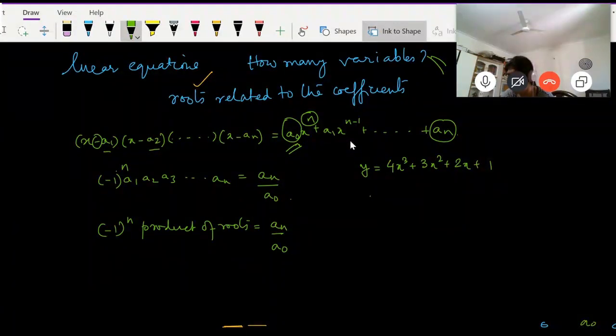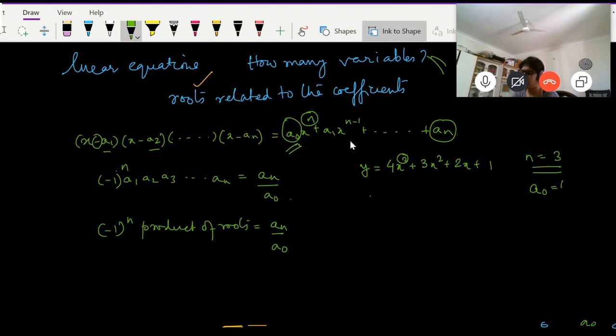So what would be the value of n here? 3. N is the highest power of x, always. So n is equal to 3. What is the value of A0 here?